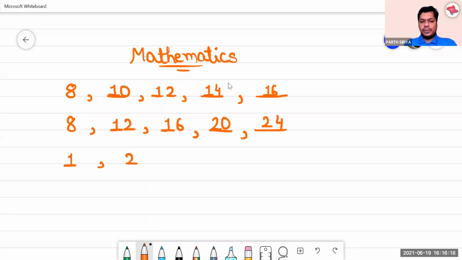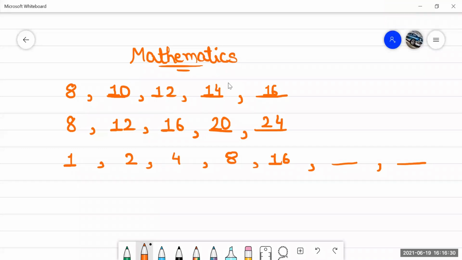Now I'm writing another pattern. 1, 2, 4, 8, 16. What could be the other two numbers over here? Sir, now I'm confused. Okay, try to think about it. It's quite a simple pattern. 1, then you have 2, then 4, then 8, then 16. 32.